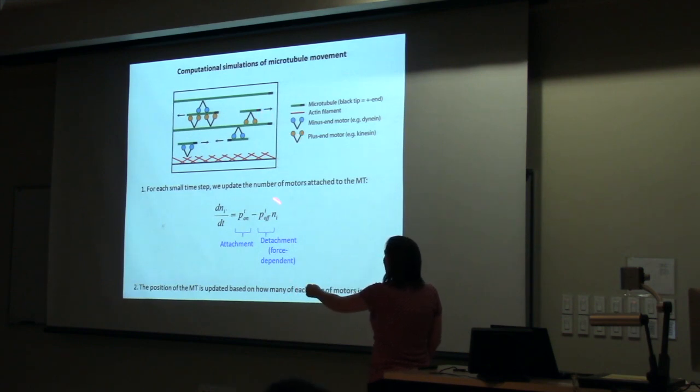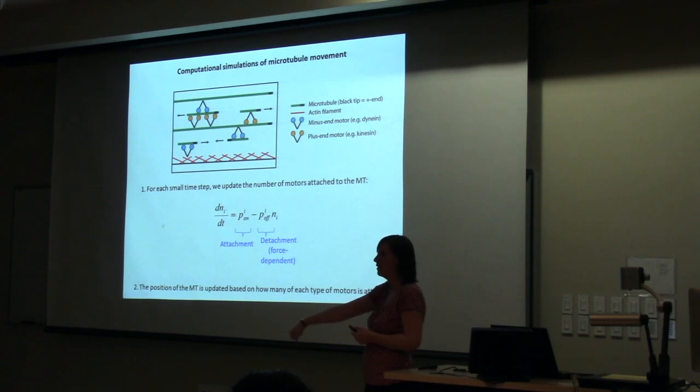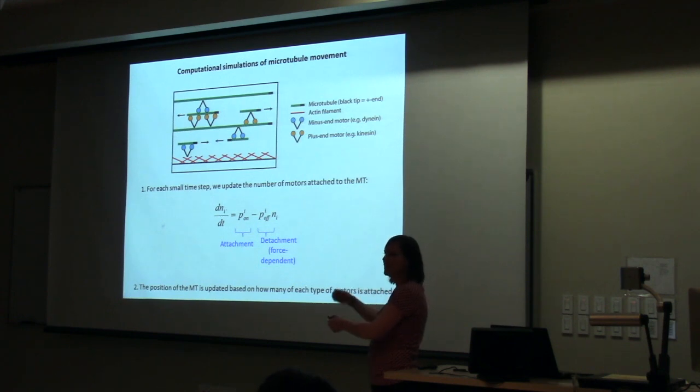At any given time, new motors can attach with some probability, and motors that are already attached could detach with some probability, and that probability of detachment will depend on the force that those motors feel. Just like in the last project, I divided up into discrete small time steps, and at every time step, I want to update the number of attached motors.